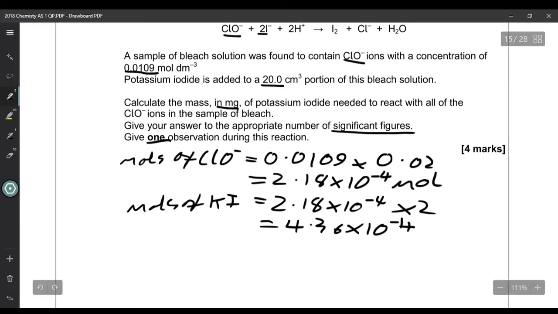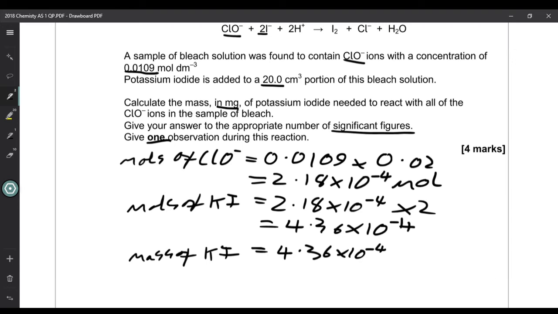So we've been asked to calculate the mass in milligrams. So the mass of KI is the number of moles, which is 4.36 times by 10 to the minus 4, times by the molecular mass of KI, which is 166.